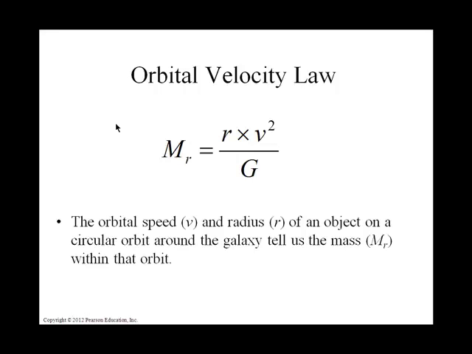And this just says how we got to that mass based upon the orbital velocity of the sun and the radius of the sun's orbit. G is the gravitational constant. So that gives us that amount of 1 times 10 to the 11th solar masses.